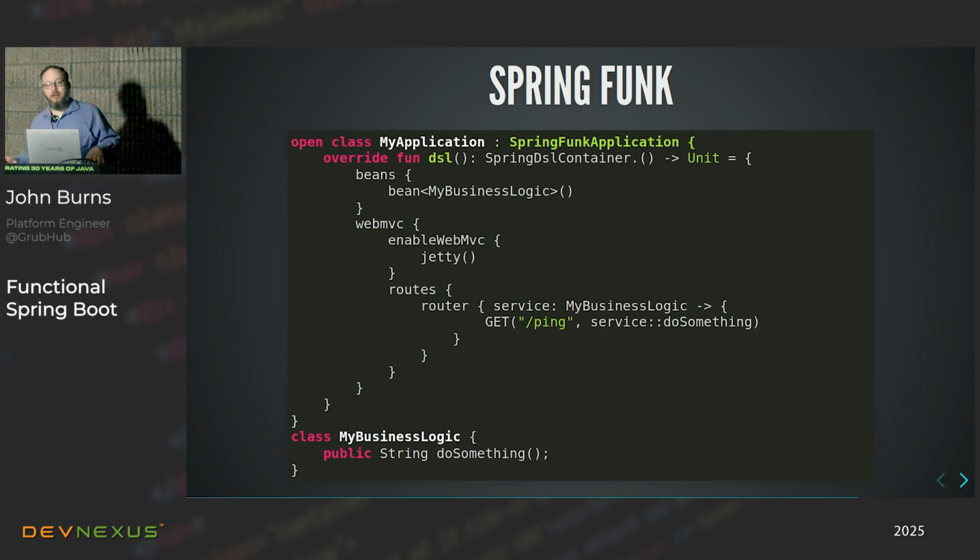We have our own framework on top of Spring Boot. And through doing that, I learned a lot about, first of all, how it works, but second of all, how it could be better and more practical in the enterprise for gradual adoption and things like that. So I took all of those learnings combined with what Sebastian had to create the Spring Funk project. Now my dream is that this project ceases to exist one day because all this stuff is handled in Spring Core.